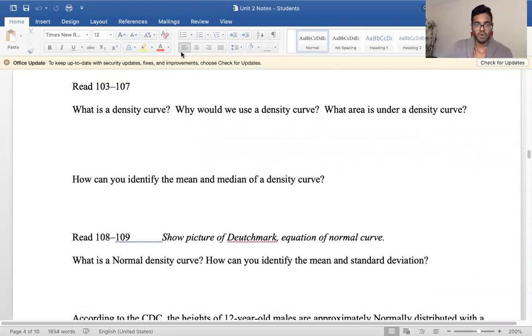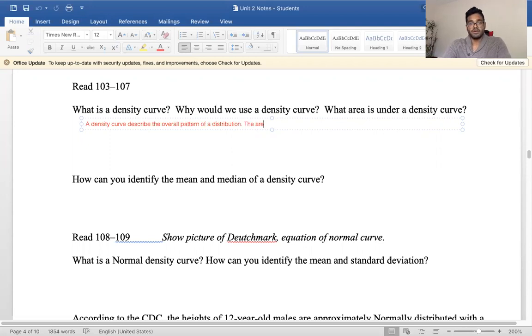So next thing, what is a density curve? A density curve describes the overall pattern of a distribution.